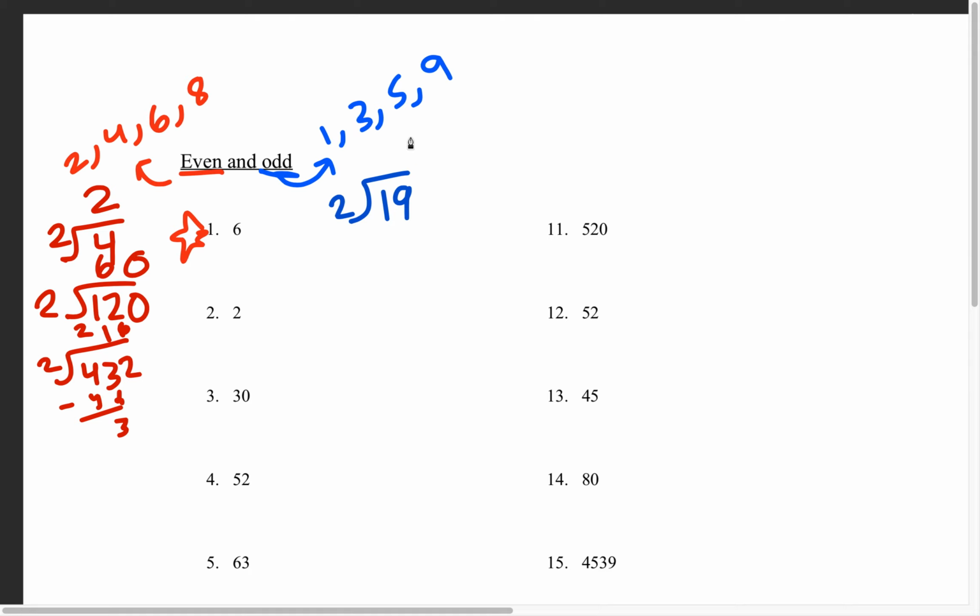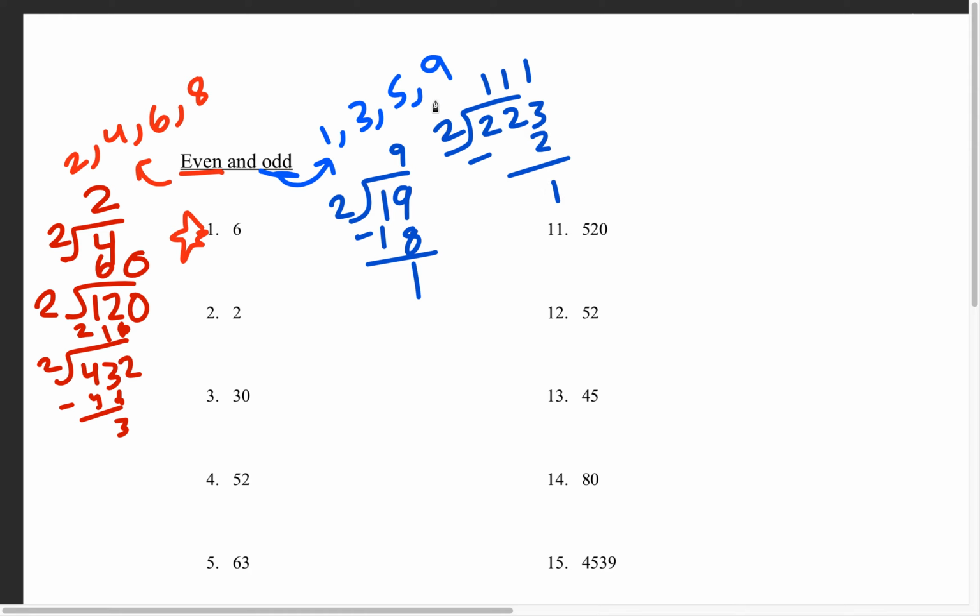The closest thing we can get to is probably 18, which is 9 actually, with a remainder of 1.